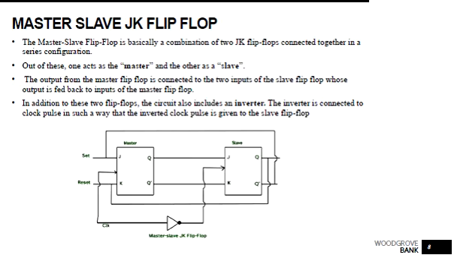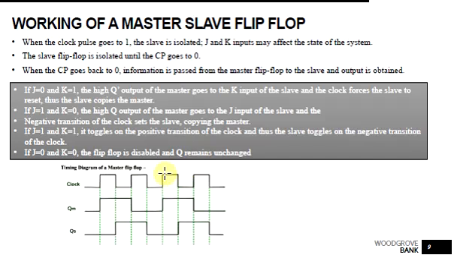So when we give the positive triggering pulse, this will toggle, which means Q becomes high.